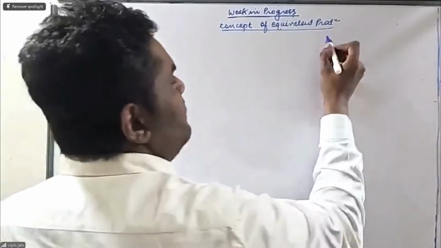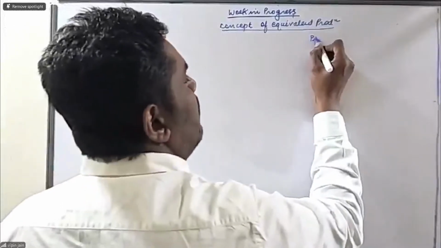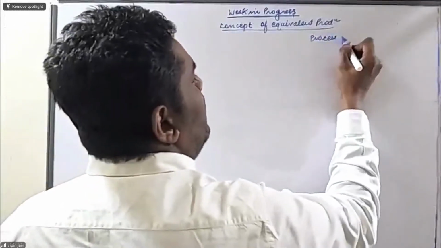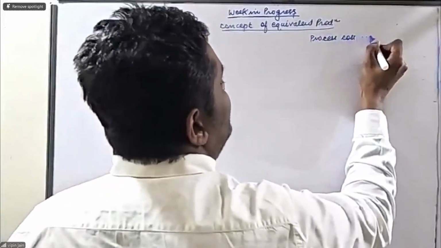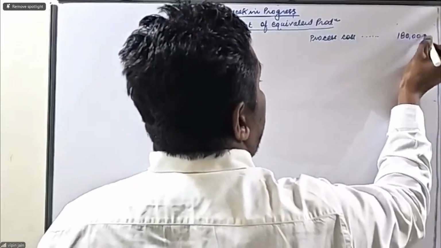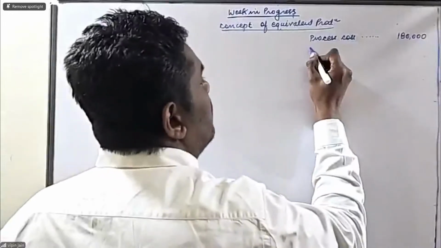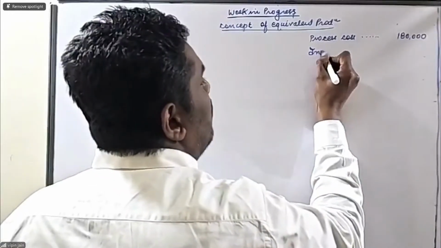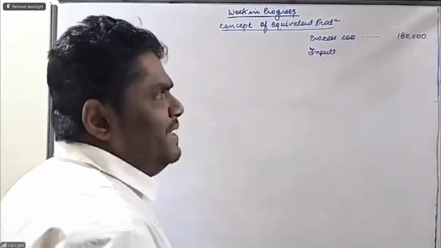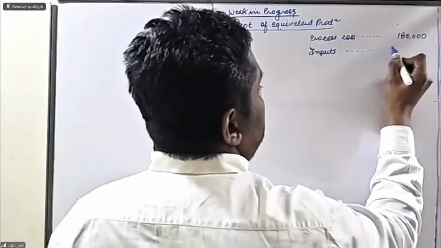So let's discuss this with the help of an example. Let's say my process cost is 1,80,000. Let's take a very basic situation, what we have discussed till now. So my inputs are, let's say, 10,000.